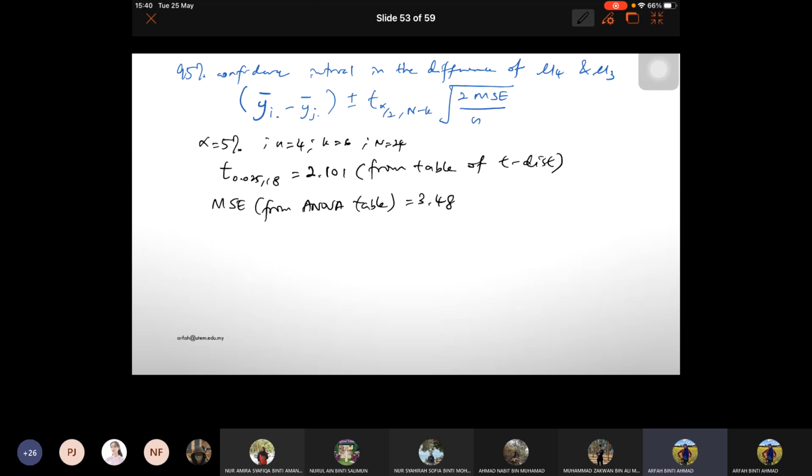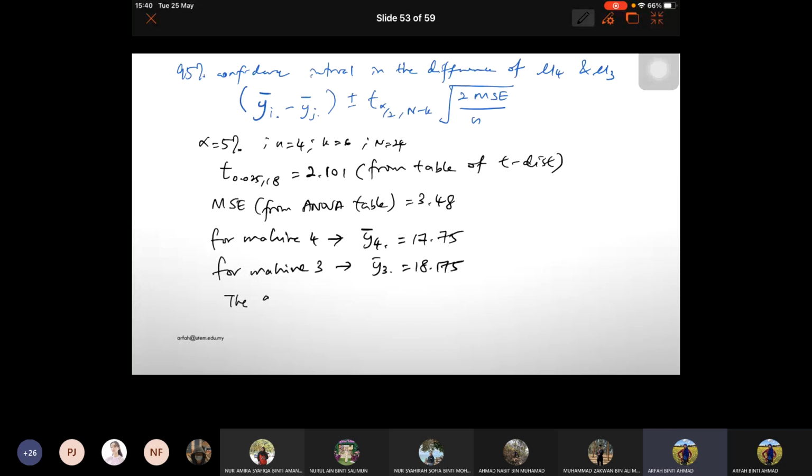Okay. So for machine 4, y bar 4 dot dapat dia sama dengan 17.75. Okay. And for machine 3, y bar 3 dot dapat sama dengan 18.175. Okay.